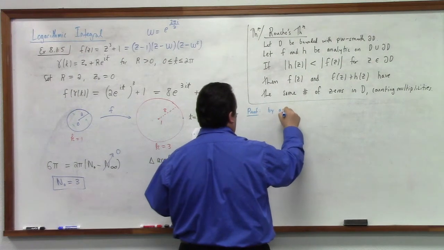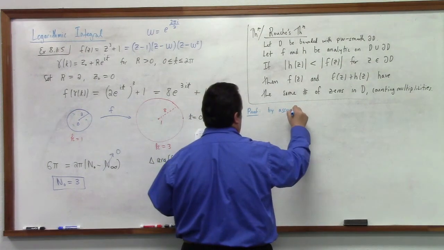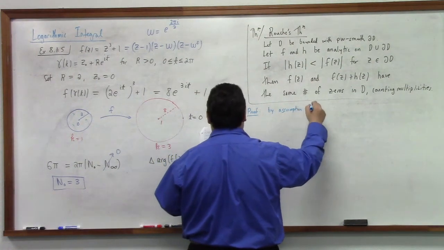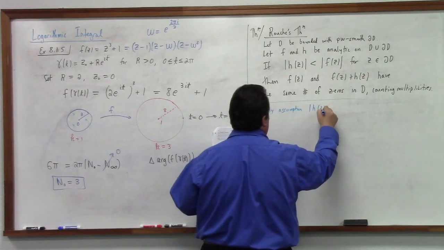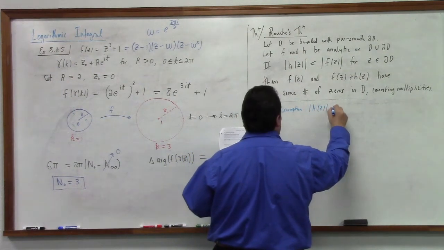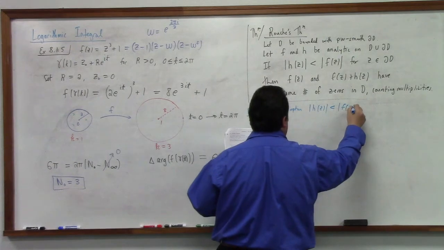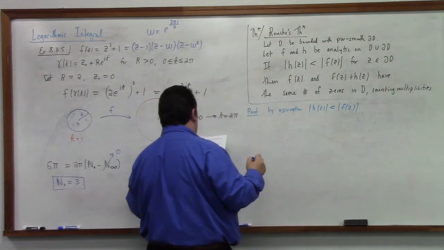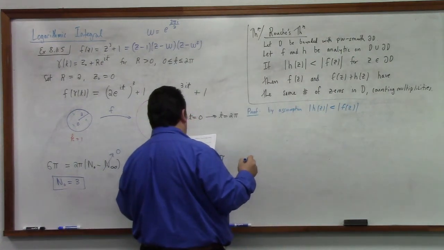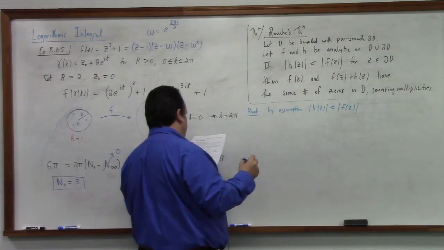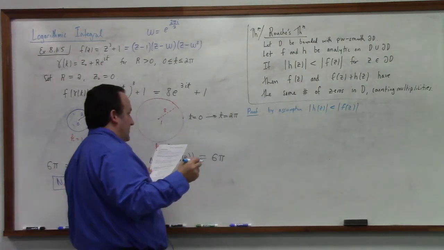By assumption, the modulus of h of z is less than the modulus of f of z. All right, and we cannot have a 0 on the boundary of D, right?